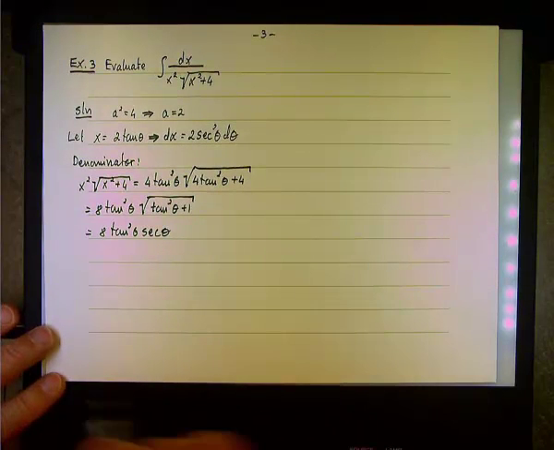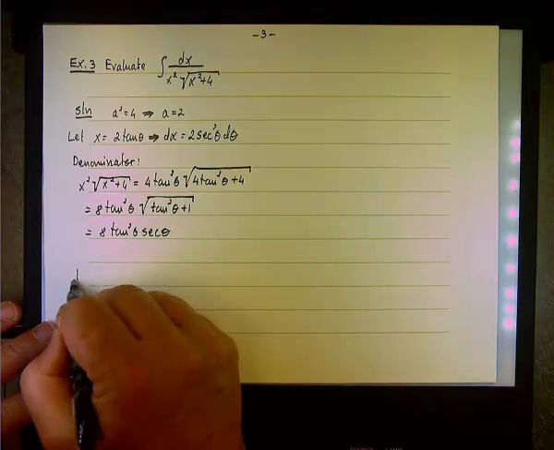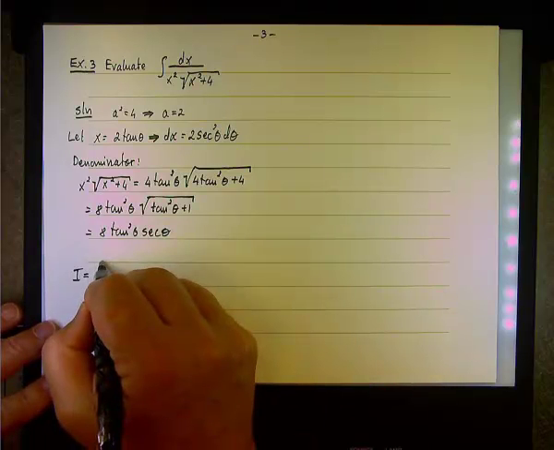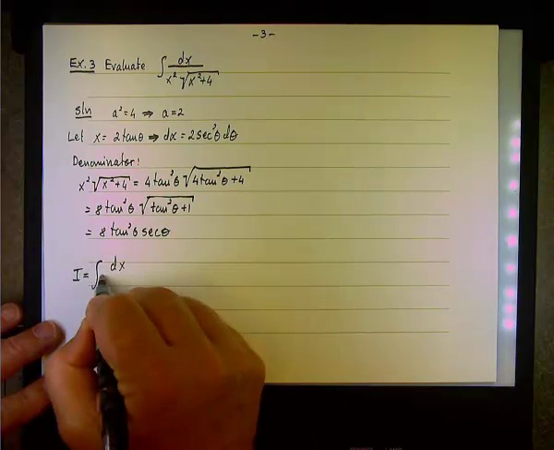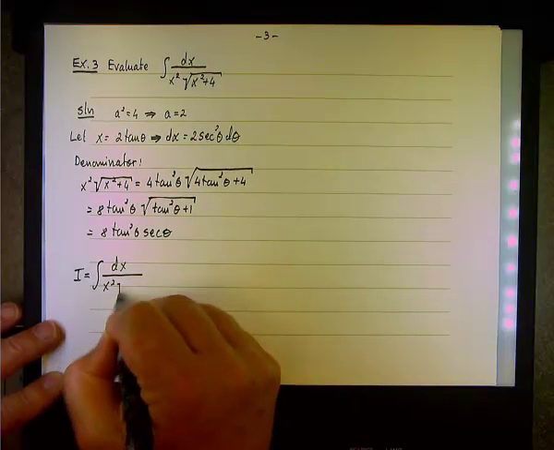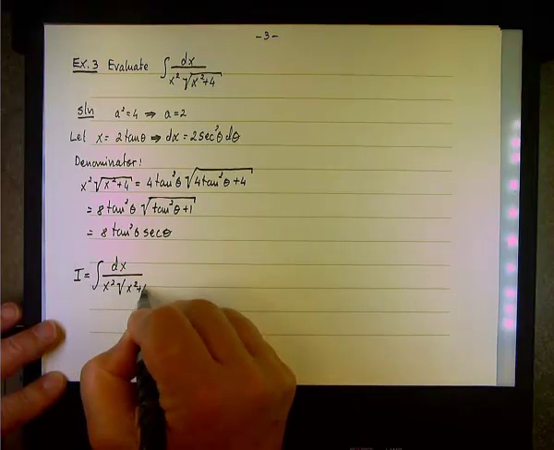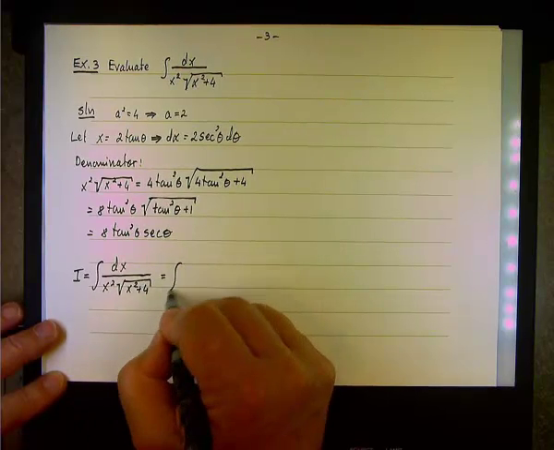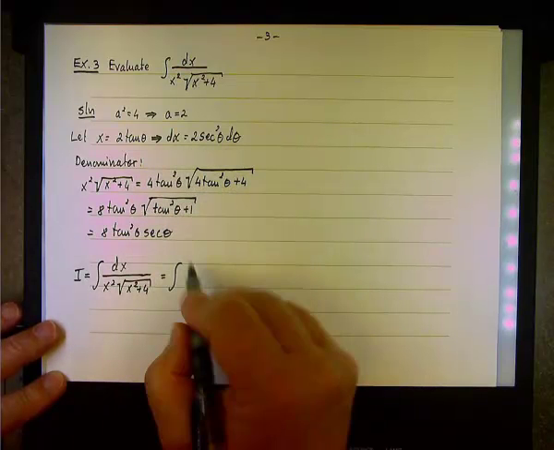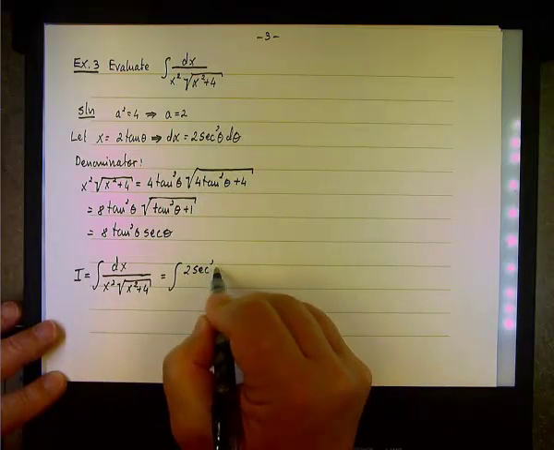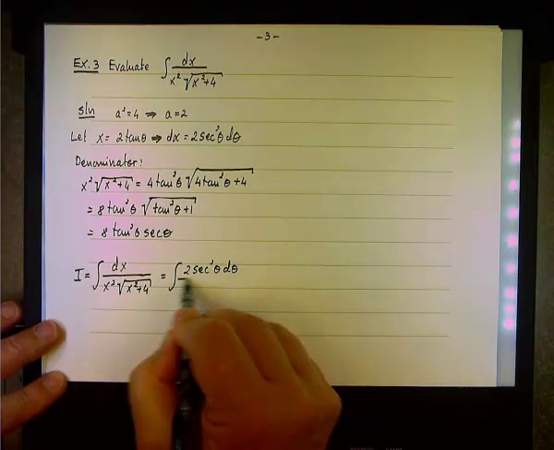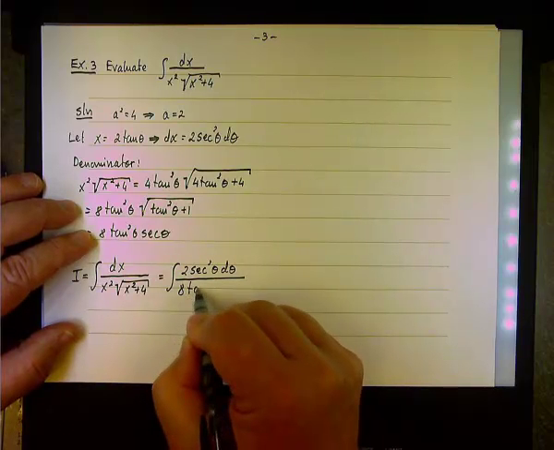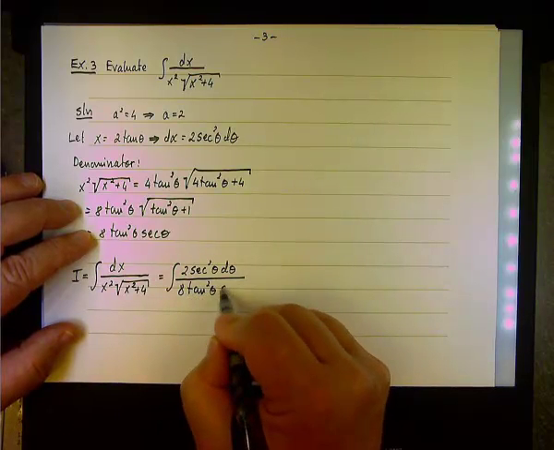So time to bring it all together into the integral. Let's call the integral I, just give it a name, and we started with dx over x squared times the square root of x squared plus 4, and with our new dressing we end up having the following. dx is simply 2 secant squared theta d theta, and the denominator now is 8 times tangent squared of theta secant theta.